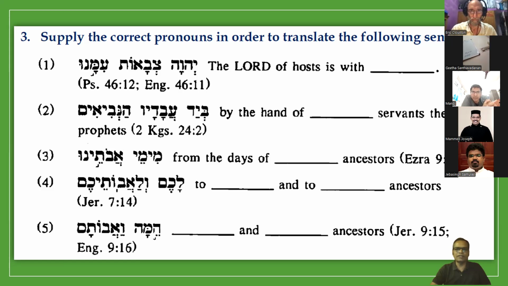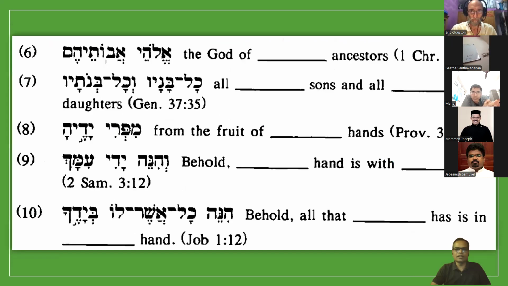In the next example, from this example, we can understand that it is avo, te, him.